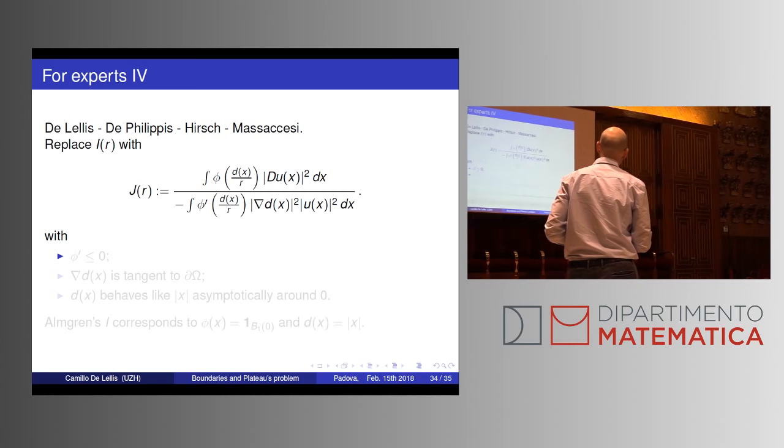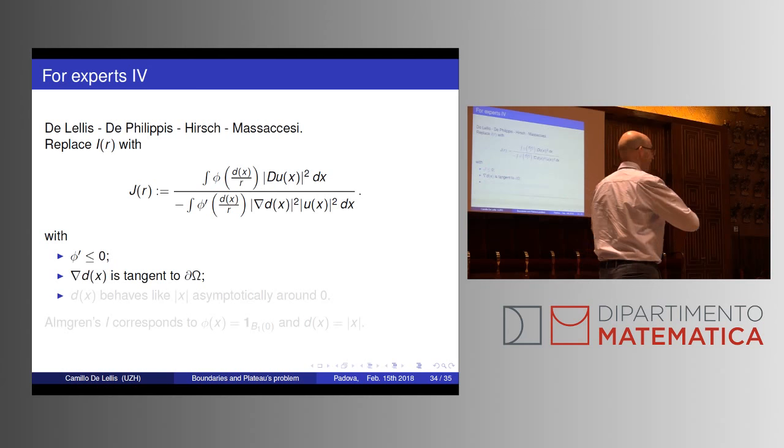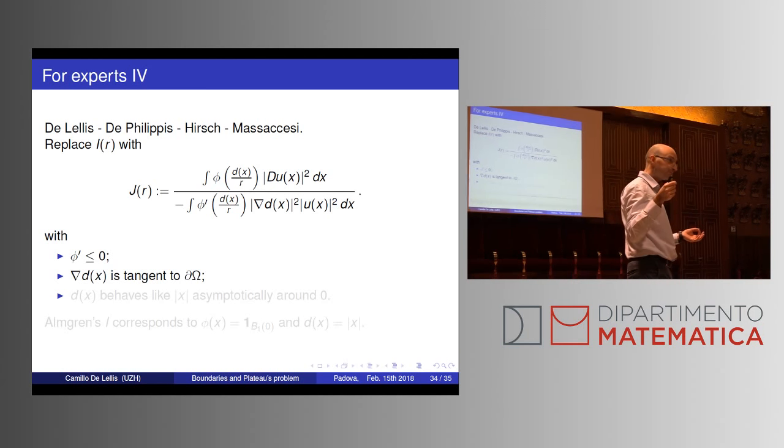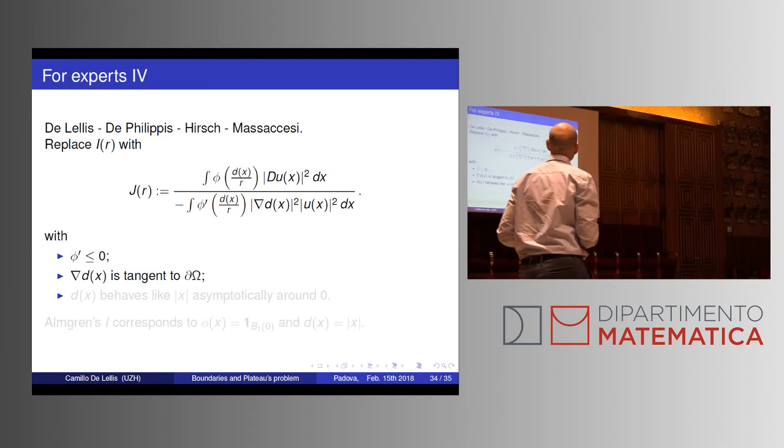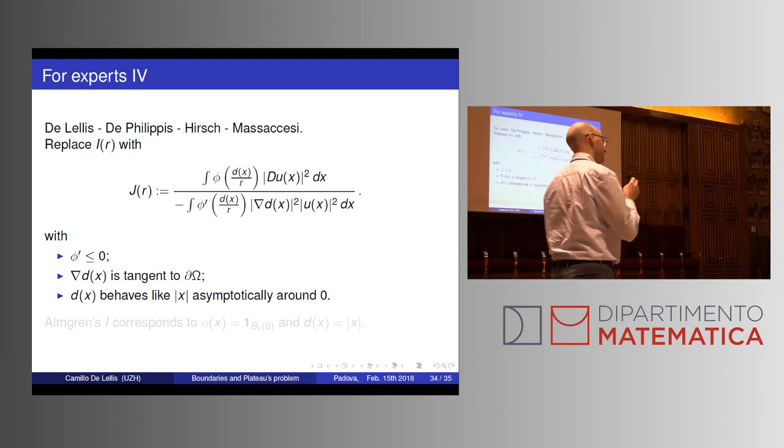So provided phi is decreasing, so phi prime is less or equal than 0. It's a function of one real variable because this function d is like a distance function. Provided this distance function has the property that the gradient of d is tangent to the boundary, and provided that this distance function behaves like modulus of x asymptotically around 0. I mean, I could be precise about this.